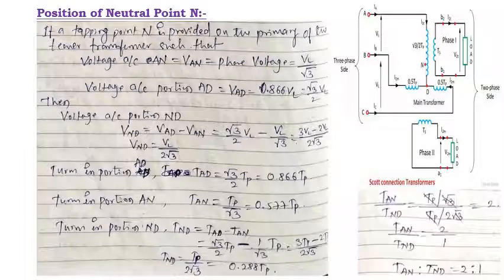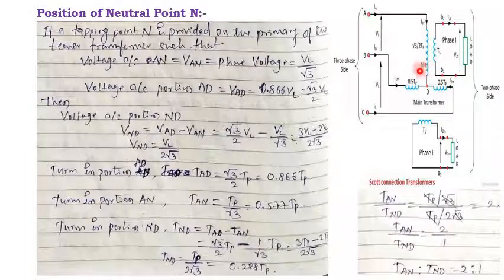Now we'll go for the position of the neutral point of the teaser transformer. If a tapping point N is provided on the primary of the teaser transformer, where the tapping point is provided, that is called the neutral point.